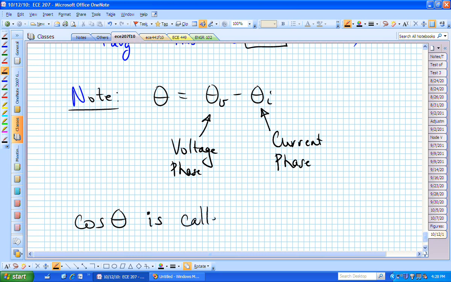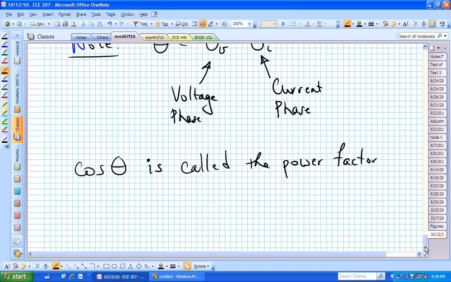If that starts getting much different from 1, they are going to start charging you more for the use of their power. Because of that, they call that out and they say cosine of theta, we're going to call that the power factor, and we may just say that's PF. So if you get a text with PF, you probably already knew that that meant power factor.